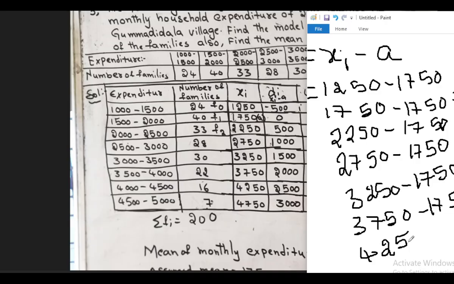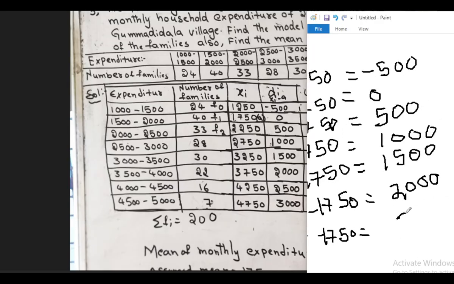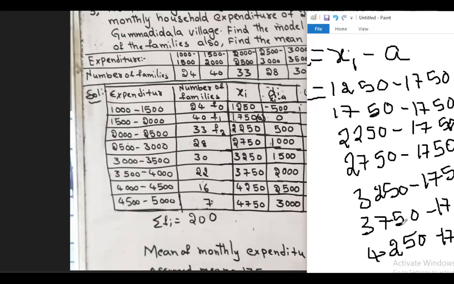Next class, 4250 minus 1750, we get 2500 as the next class deviation.